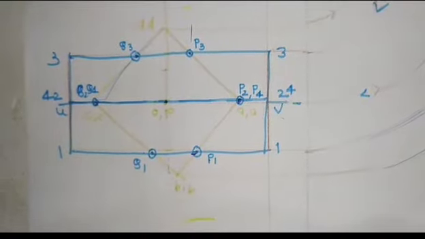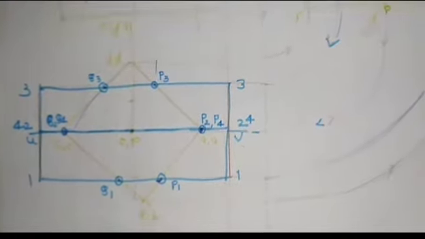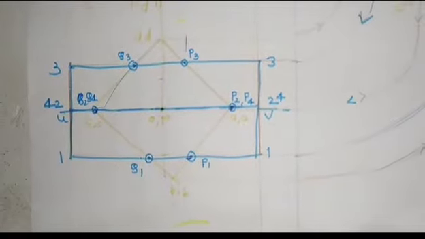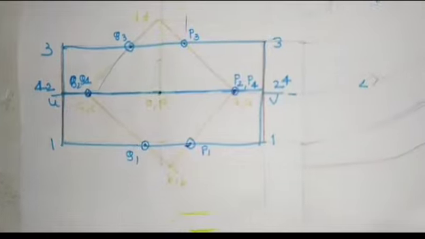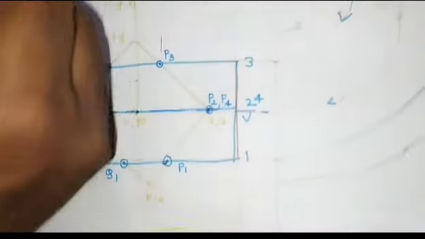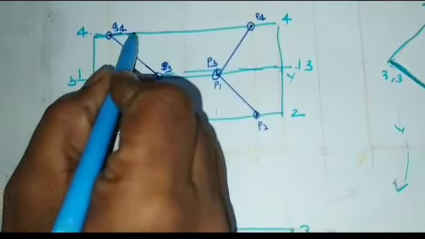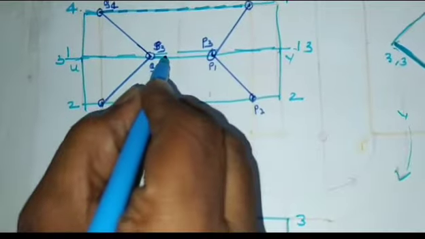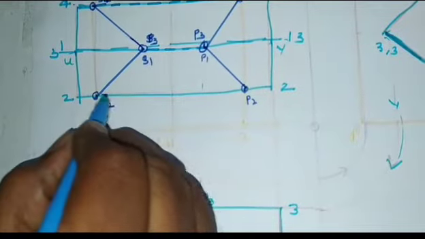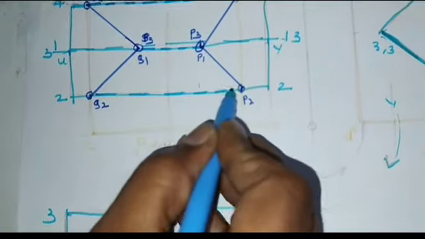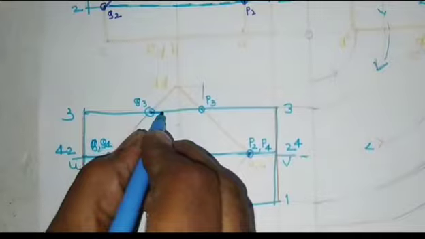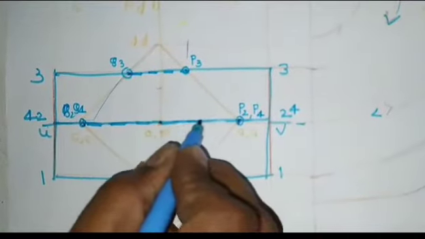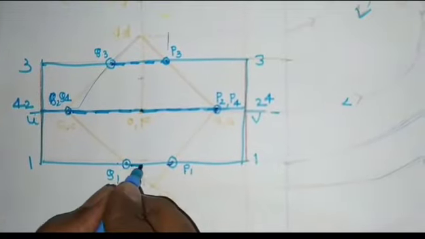So, the edges of the horizontal cylinder which is inside the solid of the vertical will be shown by the dotted line. This will be the dotted line. Here this will be the dotted line because it is inside the solid. This will be dotted line. Here this will be the dotted lines.